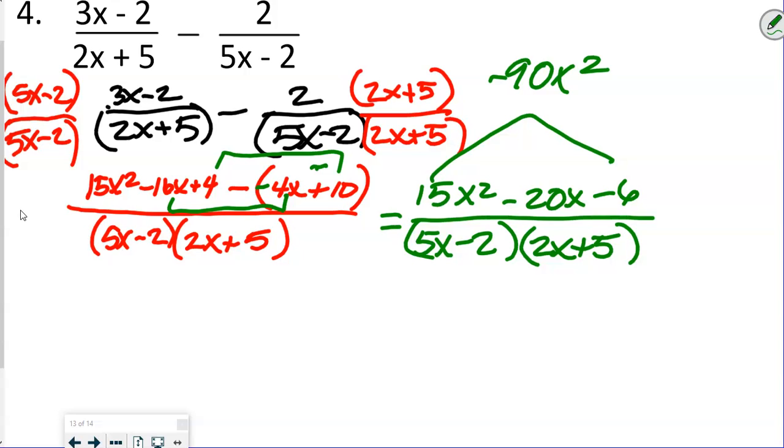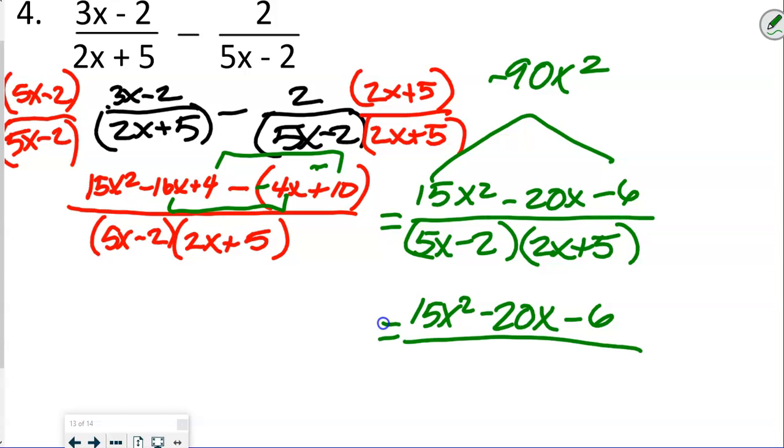Now you could also do this with the quadratic formula and find out that you end up with an irrational number underneath the radical, which tells me that I can't factor it out anymore. So ultimately then when I write my answer, I'm just going to leave what I have on top, 15x squared minus 20x minus 6, and then I'm going to multiply, again, the two binomials by each other on the bottom.